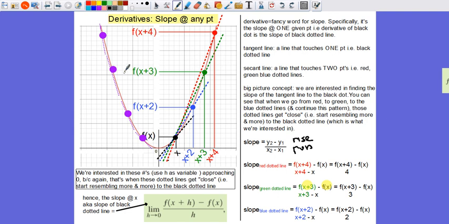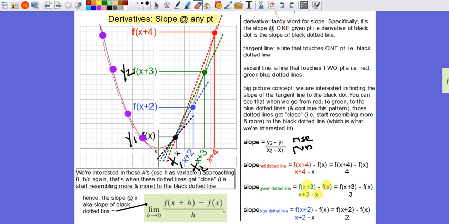This is going to be y sub 2, y sub 1, and this is going to be x sub 2 and x sub 1. And remember, the x's cancel, you're left with a 3. Now the blue dotted line is going to be the same exact logic. You're going to be saying y sub 2 just moves here, x sub 2 just moves to the blue x plus 2 right there.